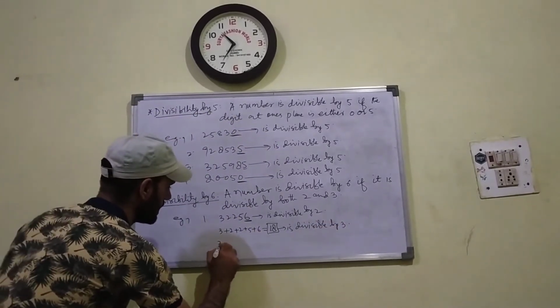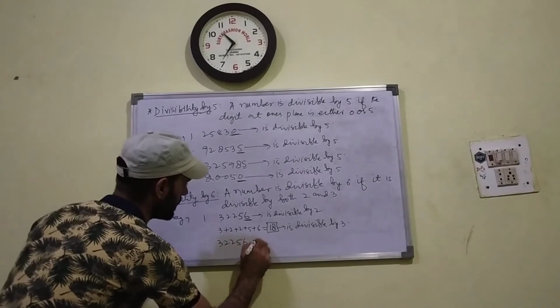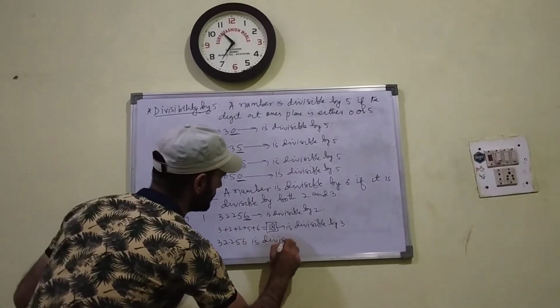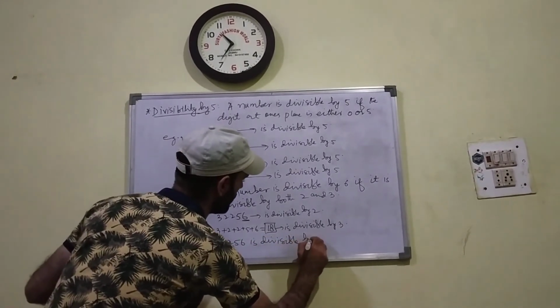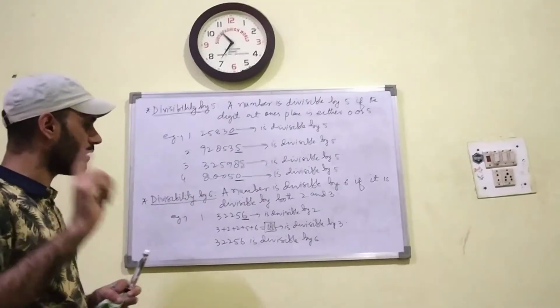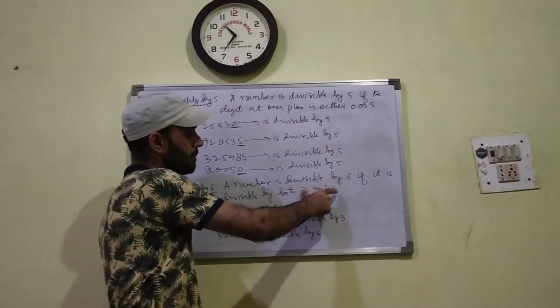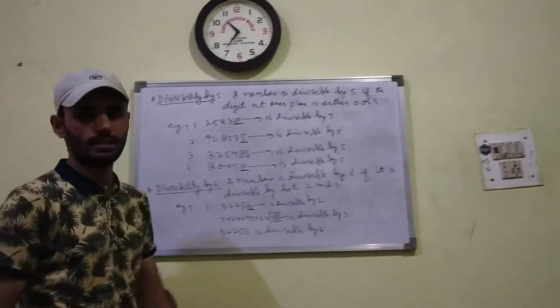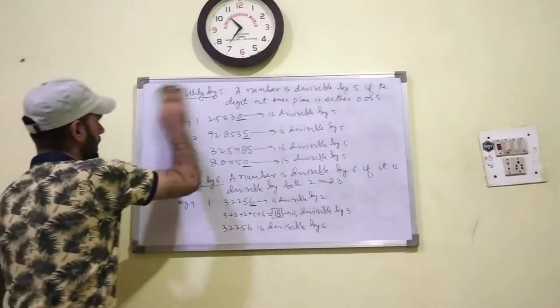Therefore, we can say that 32,256 is divisible by 6. A number is divisible by 6 only if it is divisible by both 2 and 3. Let's take another example.